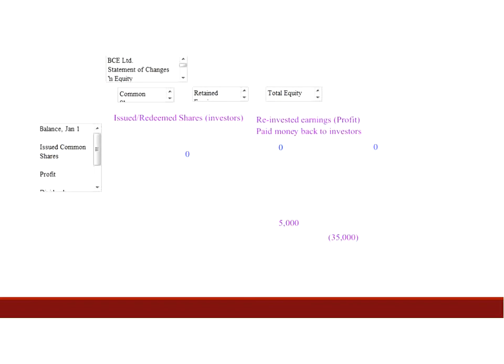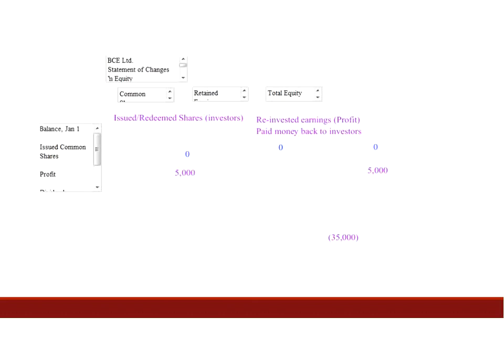So if we brought any investors in, we would list them. So for example, let's assume that we issued $5,000 of shares. So we had a new investor come in and bring in $5,000 to join our organization. Okay.